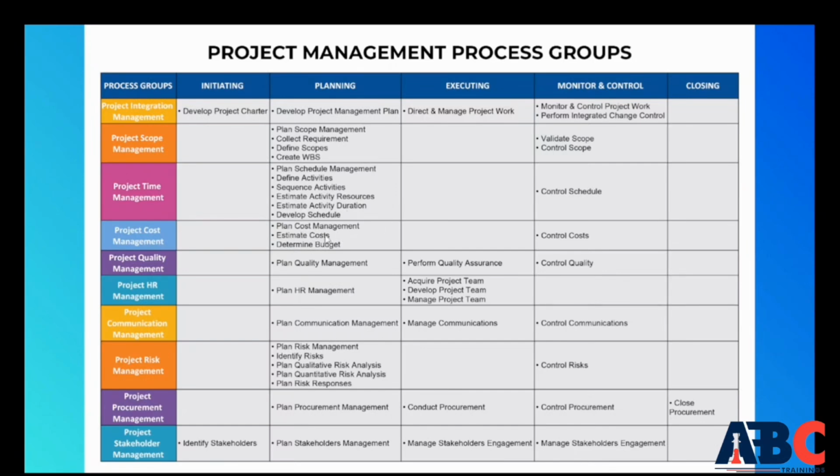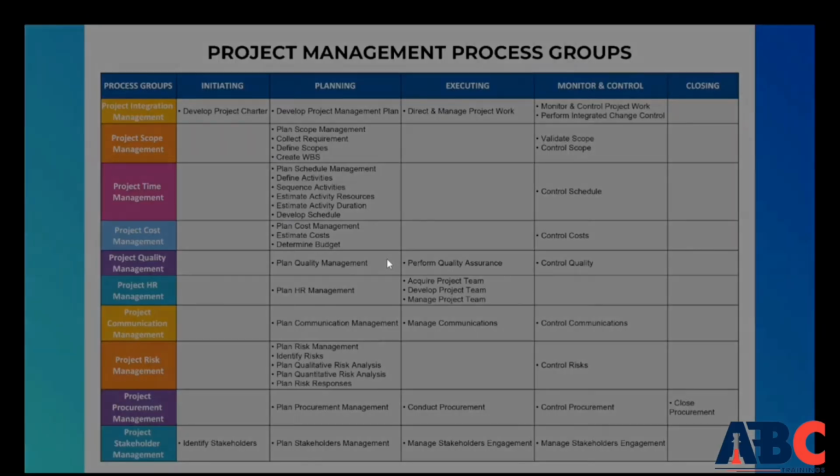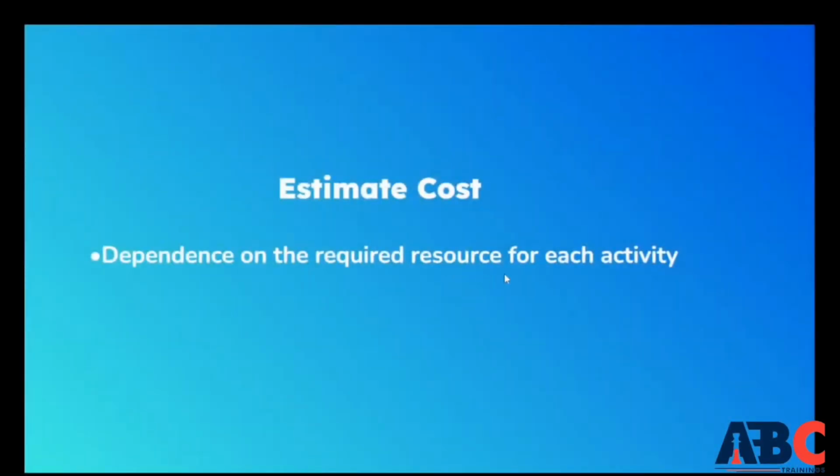First of all, we will see plan cost management, which includes estimate cost, which has many dependencies. Whenever we talk about estimated cost or budget, it depends on your resources. The amount of resources you will use, you calculate per resource, and as per resource, you multiply by the total resources that you have used.